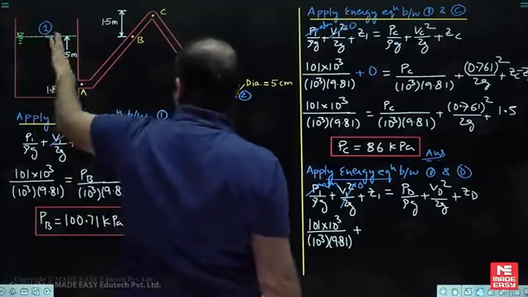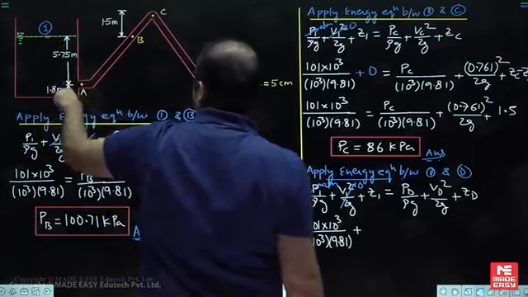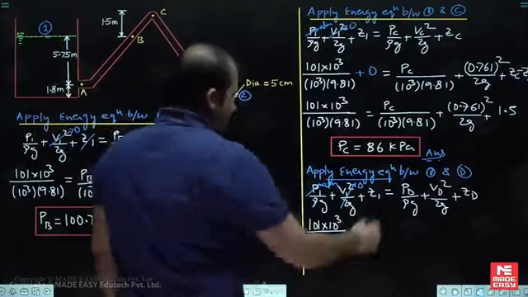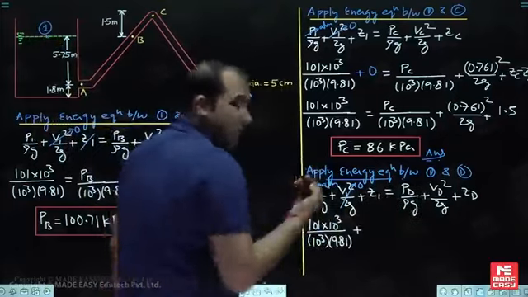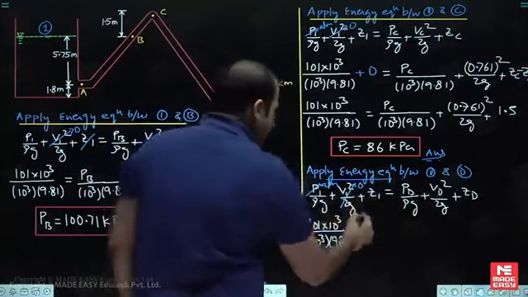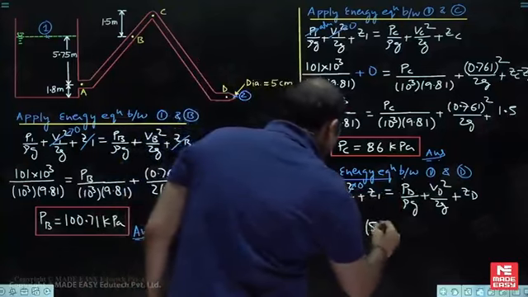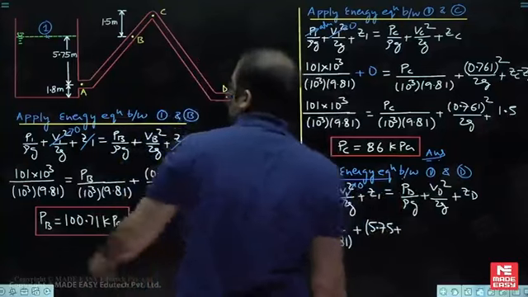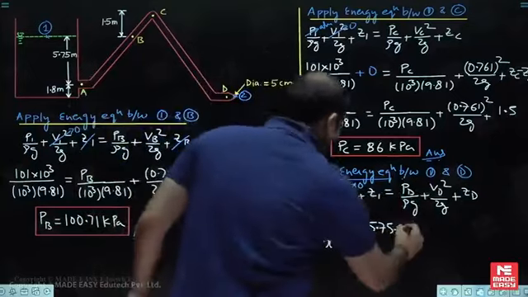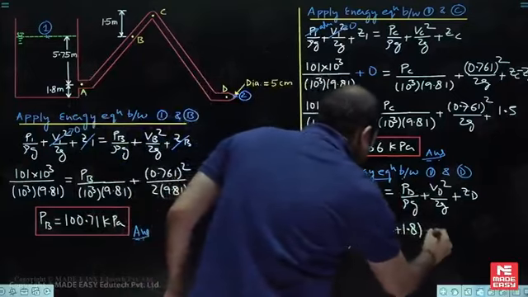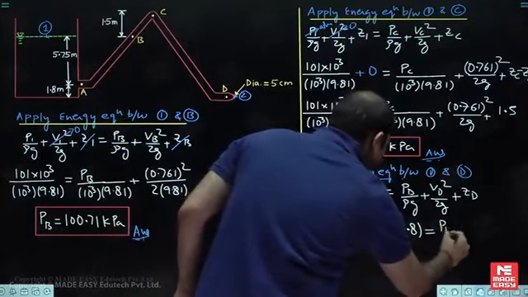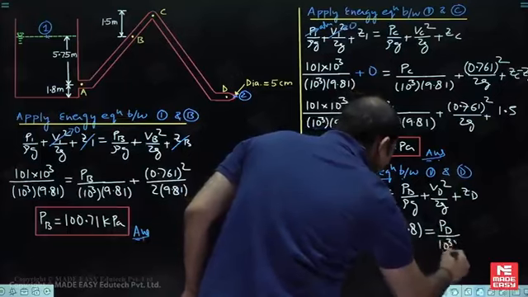That means the difference here is 5.75 plus 1.8. So you can say Z1 minus ZD difference is 5.75 plus 1.8. And this is equal to PD by rho g, 10 to power 3 multiplied by 9.81.